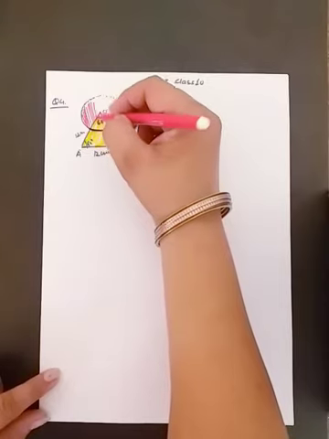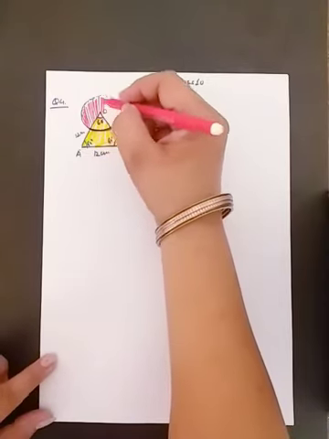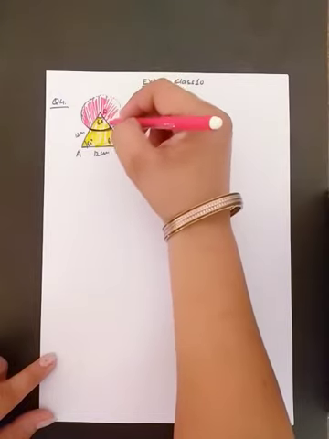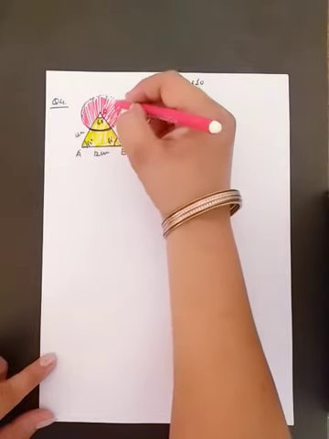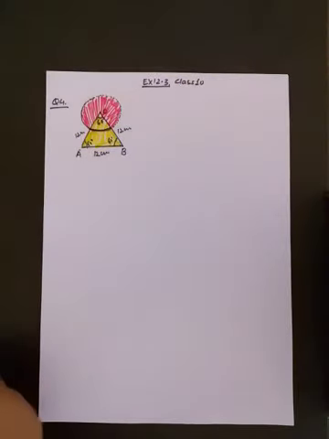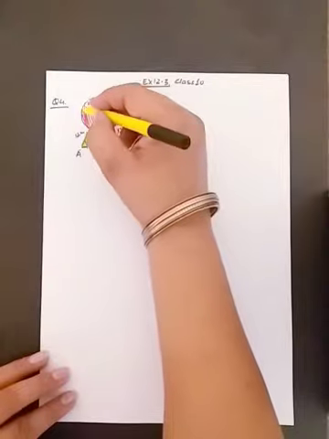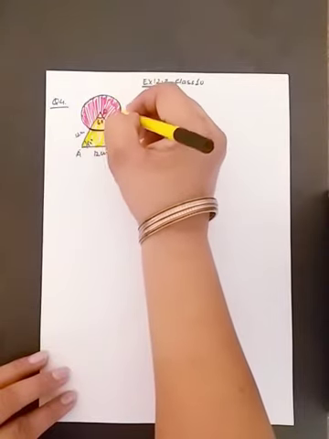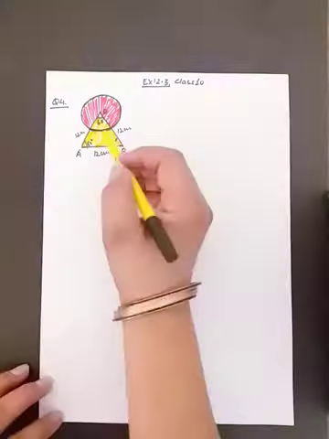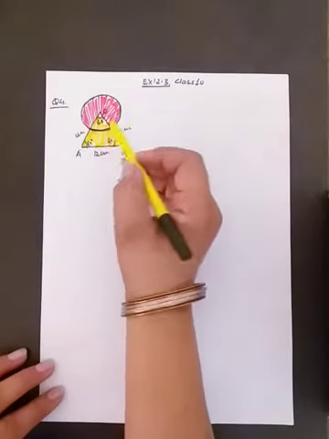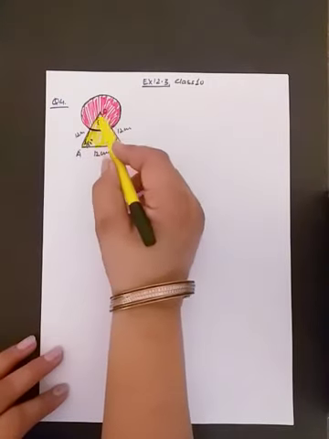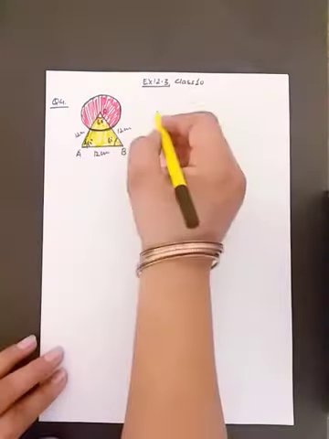So we have to find the area of the triangle and the area of the above sector, or you can say this is a major sector. We can also say that the area of the shaded part is equal to area of circle plus area of triangle minus area of sector, because this sector is common among all these, or you can say area of triangle plus area of major sector.